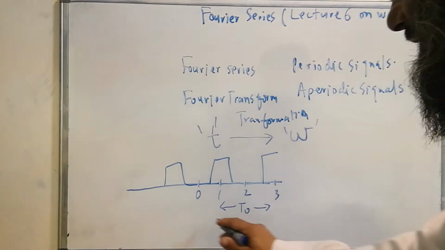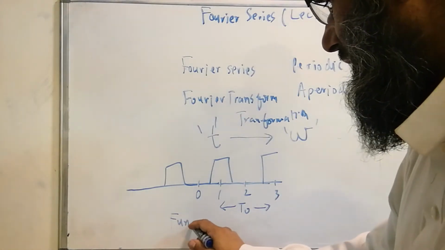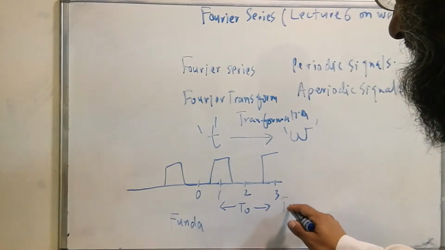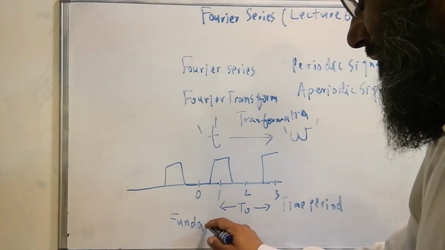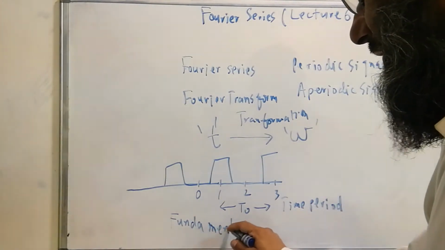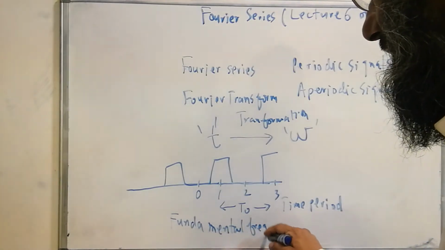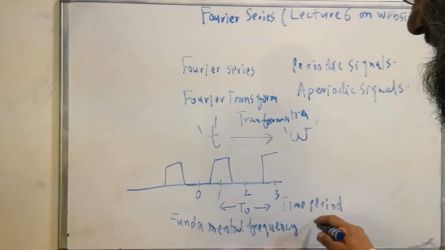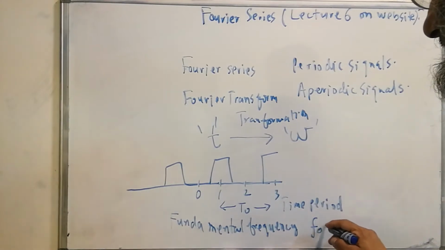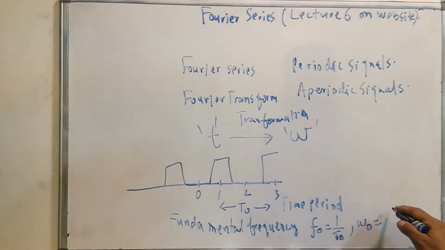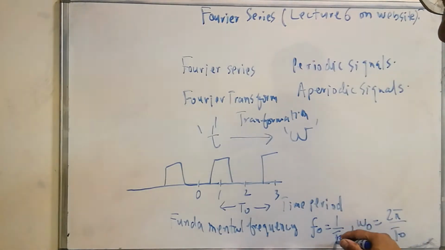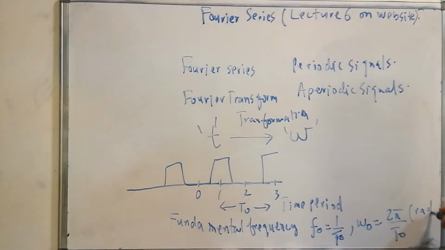T0 is the time period, and the fundamental frequency of the signal is F0, which is equal to 1 over T0, or omega naught, which is equal to 2 pi by T0. This is in hertz and this is in radians per second.